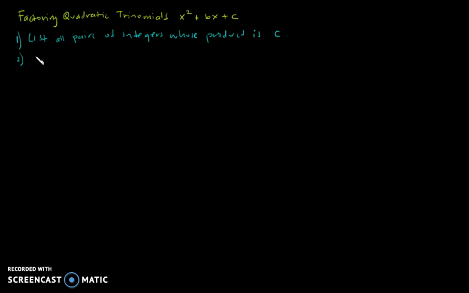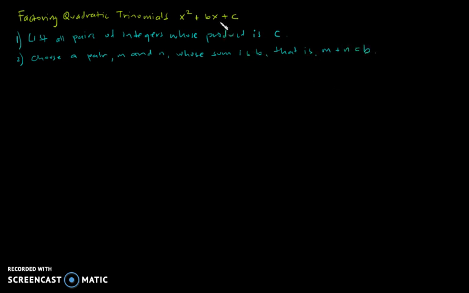Let's choose a pair. From the many pairs we choose one, and then let's call it m and n, whose sum is b. So that is m plus n equals b.